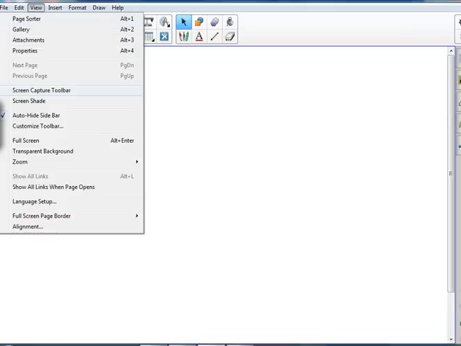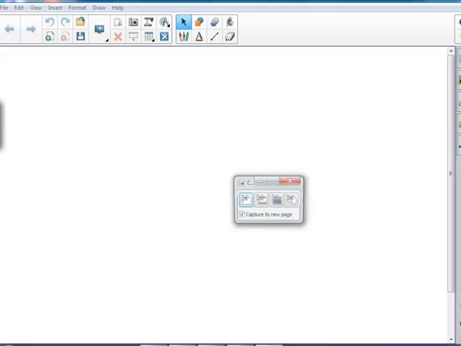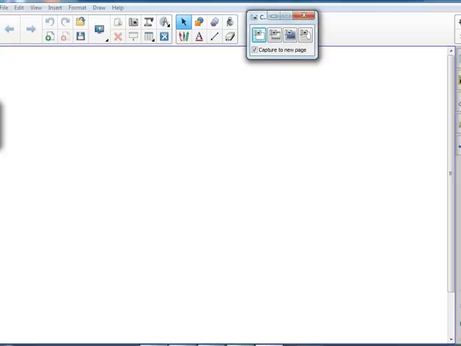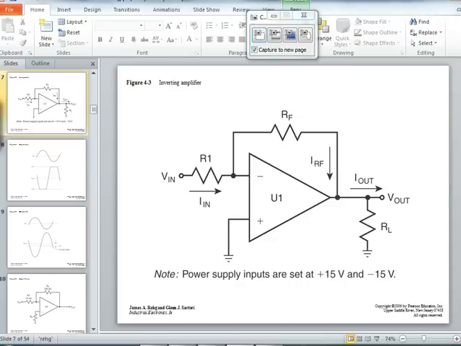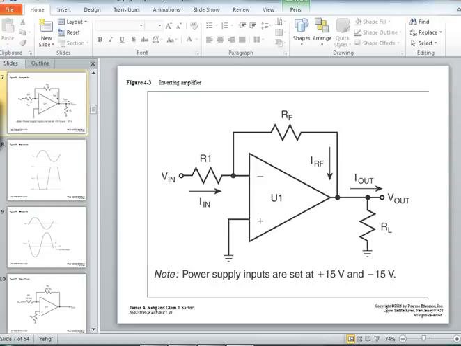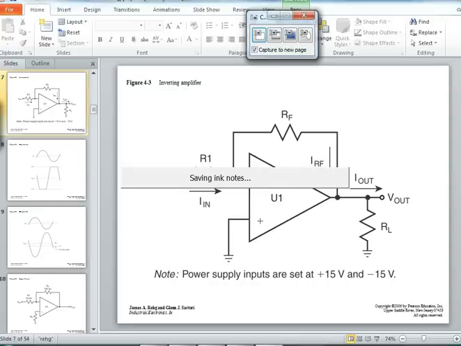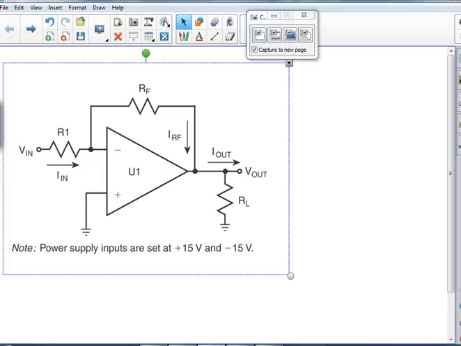Screen capture toolbar. There we go. Okay, so I've got the toolbar. Let's see if I can use it. Oh, isn't that nice?